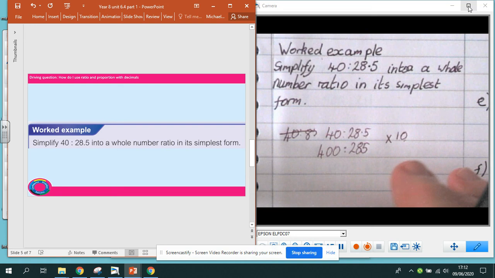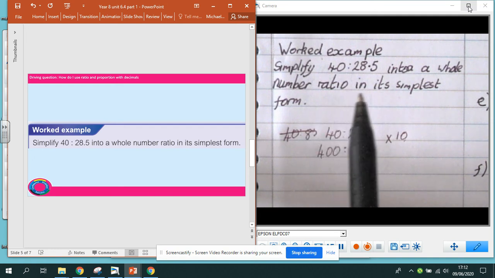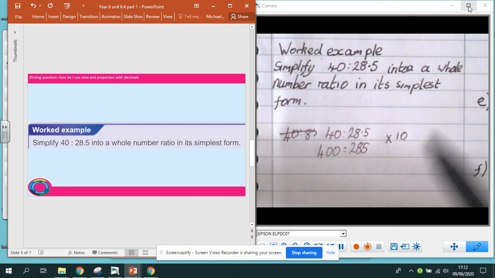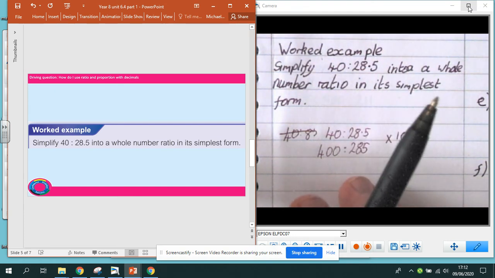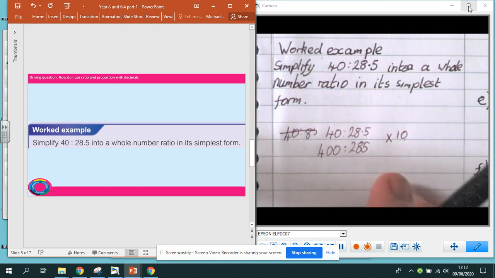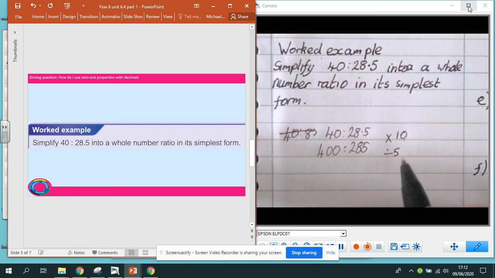Unfortunately, I haven't finished because the question says simplify into a whole number ratio in its simplest form. So I must have these numbers as small as possible. To check, I have to find a number that I can divide them both by. This one ends in a 0, this one ends in a 5. That means I can divide them by 5.